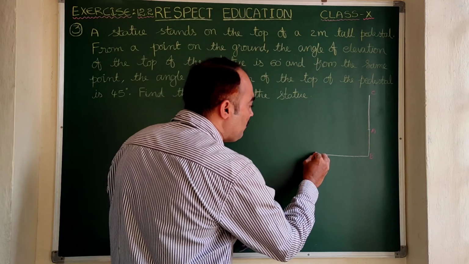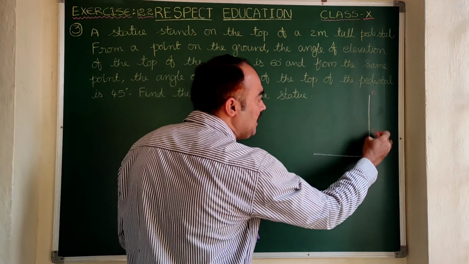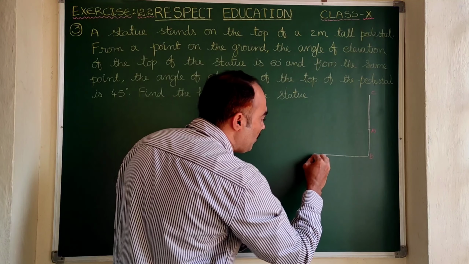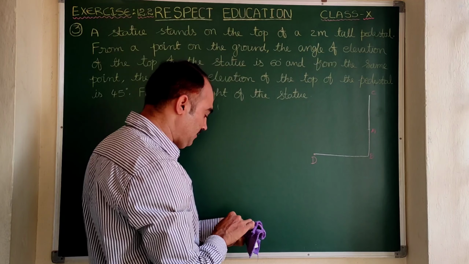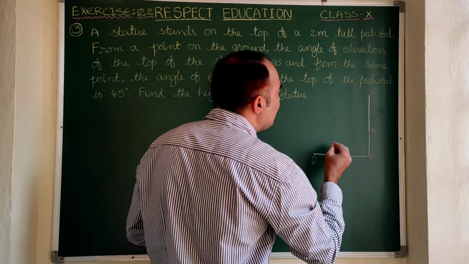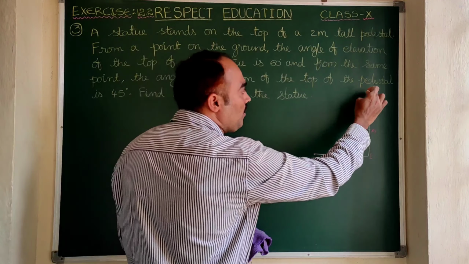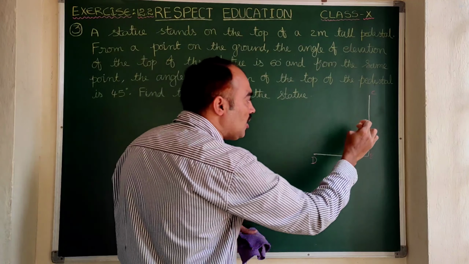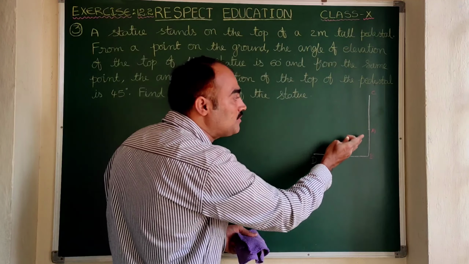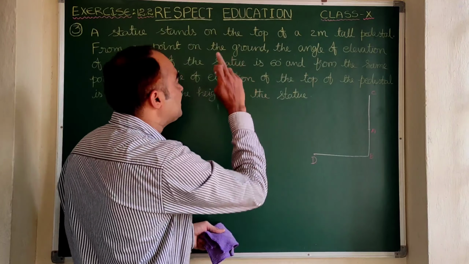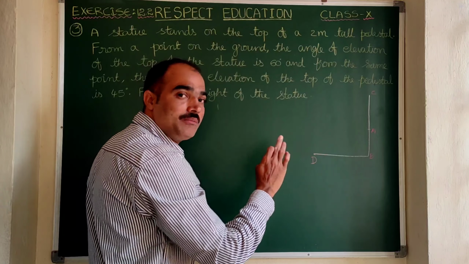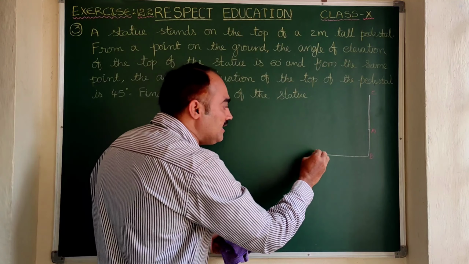Now from this point, for example here A, B, C over, let us take this point D as the point of observation. From here the top of the statue and the top of the pedestal both are observed. Here the height of the observer is not given, so it is negligible.